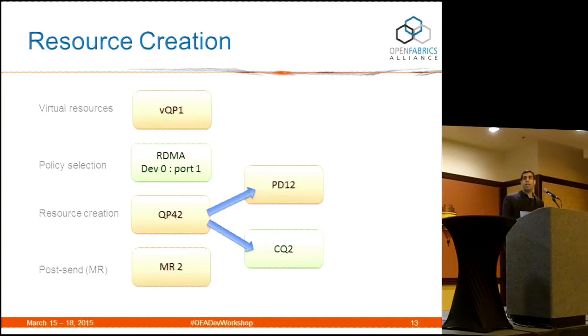So when the policy decides, okay, I'm going to bind the virtual resources to the underlying QP, I want to create a physical QP. And when I'm doing that, I understand I need to create an underlying PD for this QP because it doesn't exist in the underlying device. So I create it. And then I say, okay, the QP uses a virtual CQ. Oh, okay, but I have it in the underlying device, so I'm going to use it. And only when I'm doing post-send and I actually need the memory region translation, only then am I creating the MR.